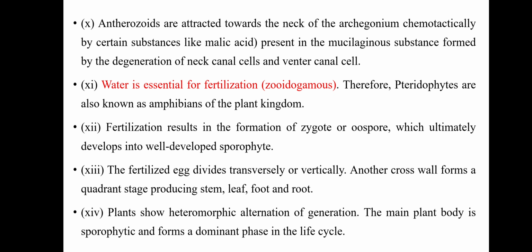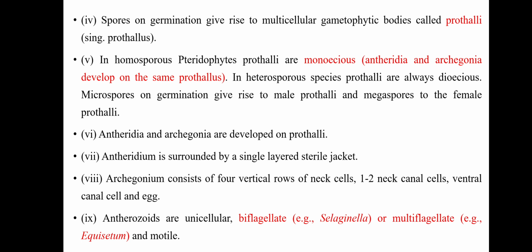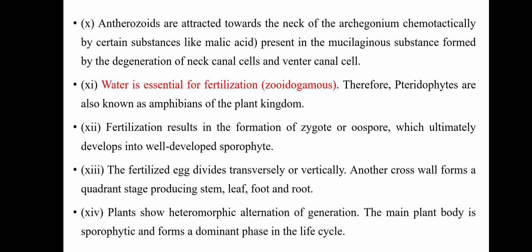Antherozoids are attracted to the neck of the archegonium chemotactically by certain substances like malic acid present in the mucilaginous substance formed by degradation of the neck cell and ventral canal cell. So after reaching the archegonium, they enter inside it chemotactically.